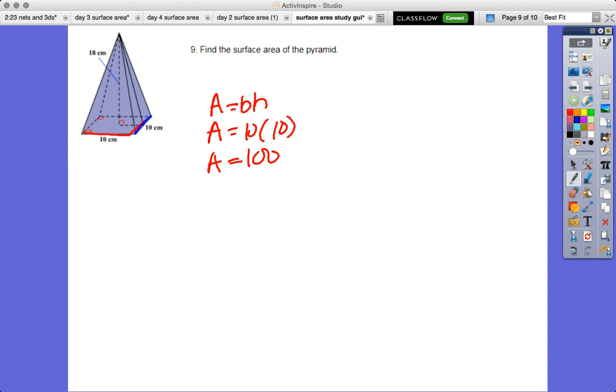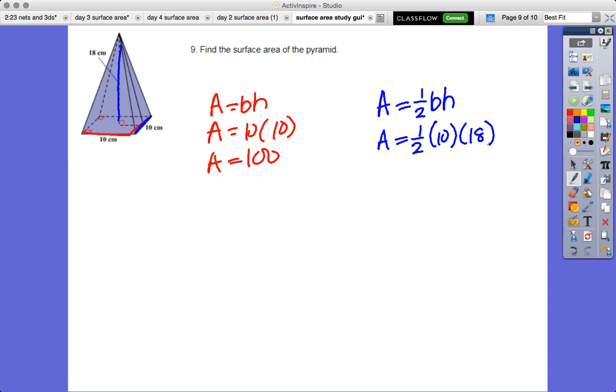So now I'm going to find the area of these faces. It tells me that their base is going to be 10, and their height is going to be 18. Now, all 4 triangular faces on this pyramid are going to be the same. So I'm going to use my formula 1/2 base times height. My base is 10 and my height is 18.